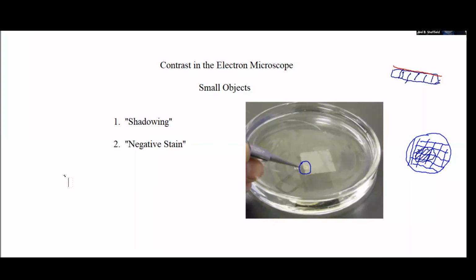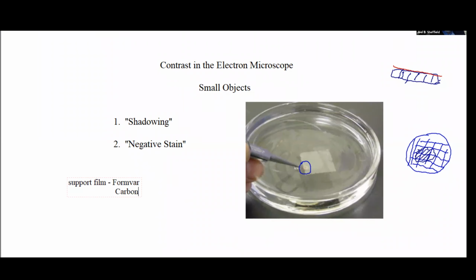The film can be made out of a plastic. Generally, there's a brand name called Formvar, which is the most common of those. Or you can actually make a film of carbon, and we'll talk about that in a second when we talk about shadow casting.